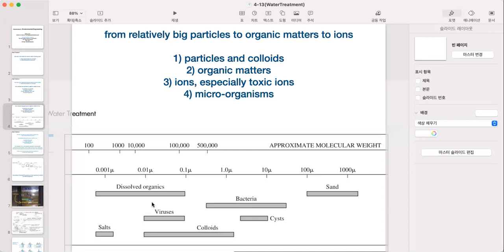The stable colloid stays there forever, but unstable colloid actually gives up its stability to get together to make a big colloid rather than small, and then they can finally be settled down.